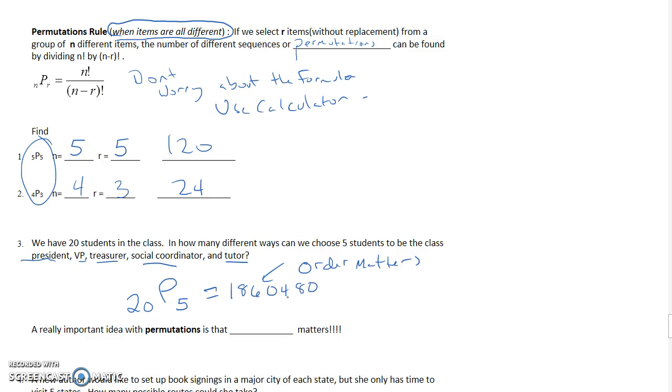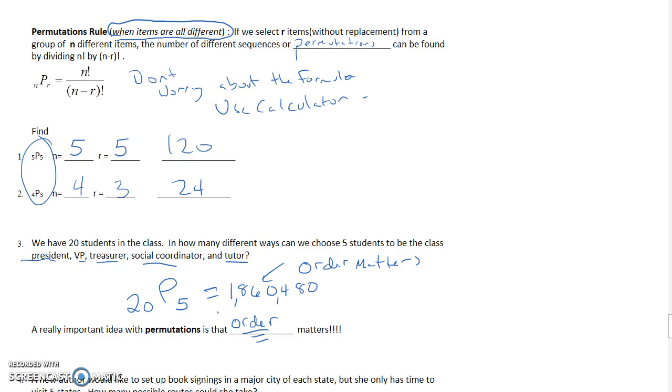So that is 1,860,480 different slates of candidates. Because again, if I just switch the social coordinator and the tutor, that counts as a different arrangement. So one really important idea with permutations, and I'm going to say this a lot in these videos, is order matters. So that when the order matters, you use permutation.